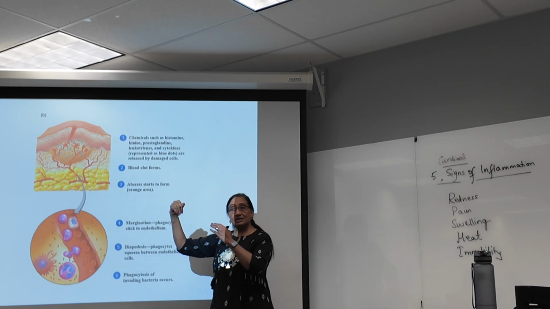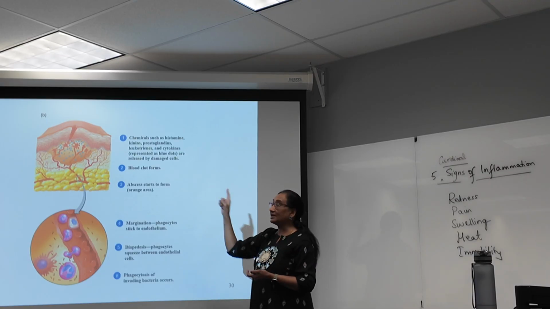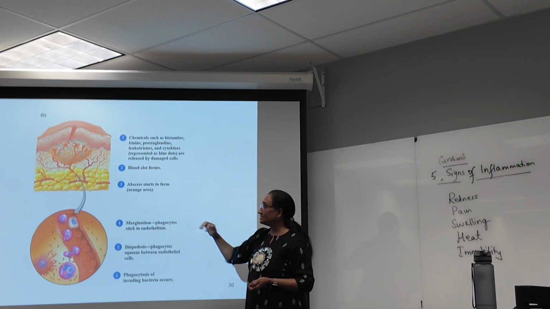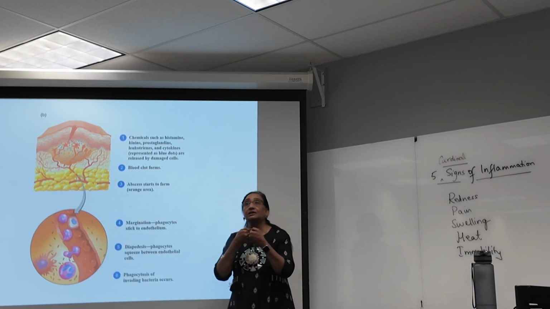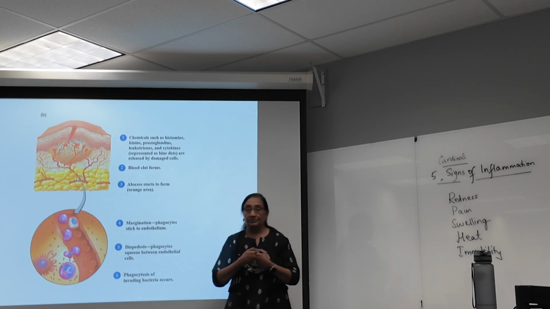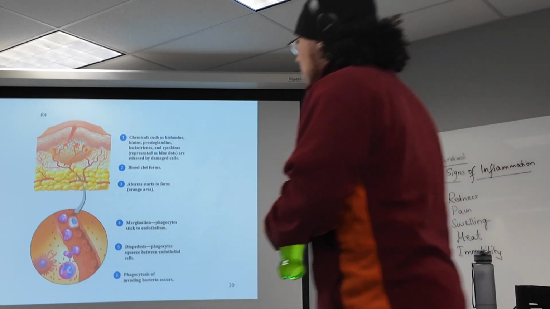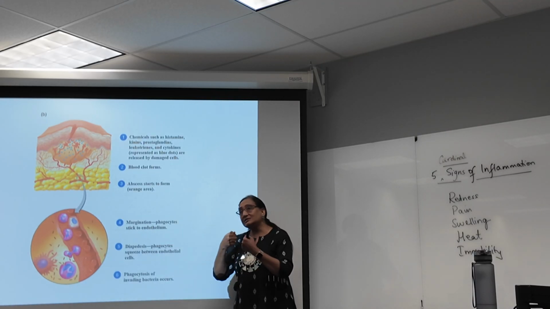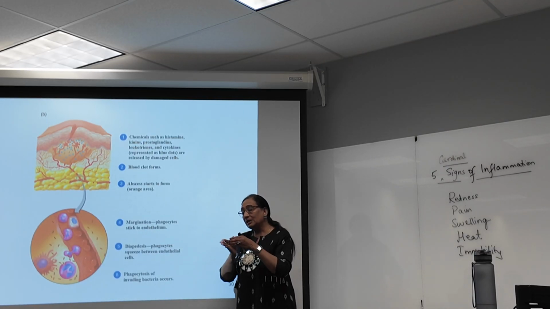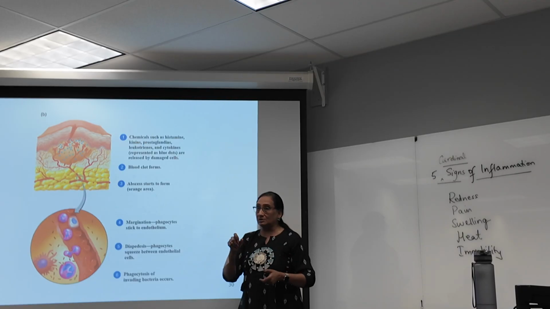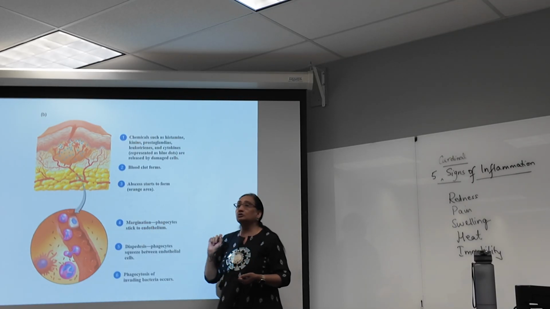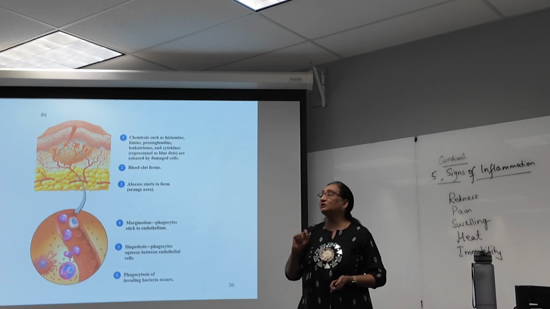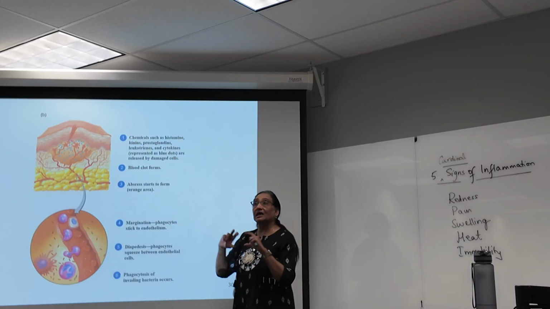So the white blood cells start moving towards that region, and the first step is they stick to the wall of the blood vessel. They stick to the wall. That is called margination. And once they stick to the blood vessel wall, they escape out. They squeeze out through the tiny little openings between the cells that line the blood vessels.